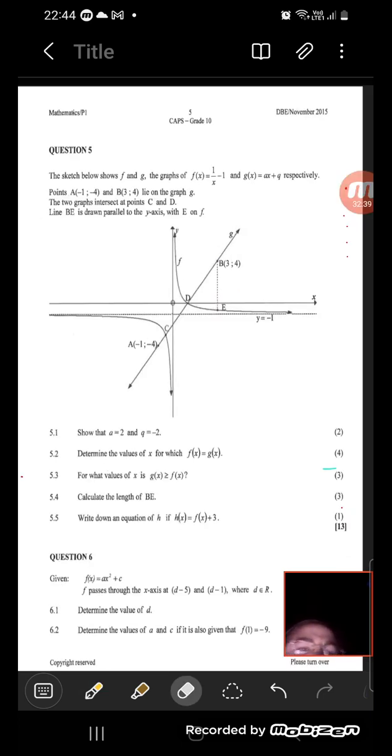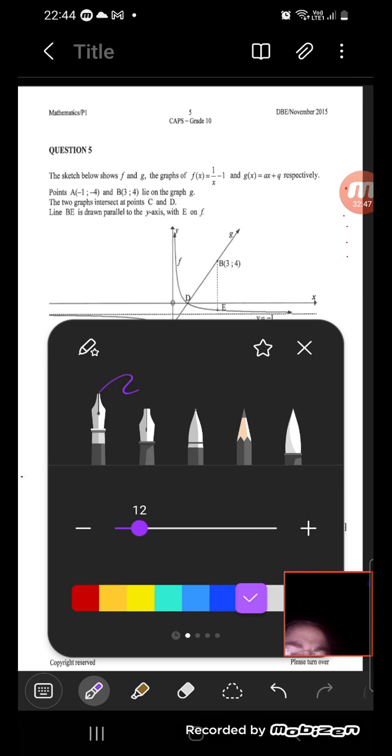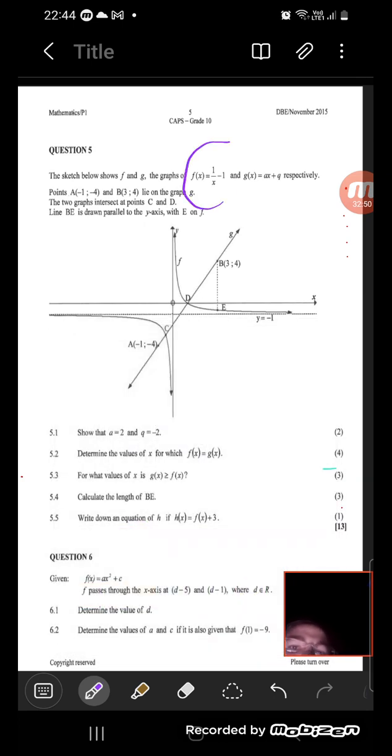Okay, let's put this point in. We're going to say this is the purple. This is the equation. I'm going to put my 3 into there to find out where we are.